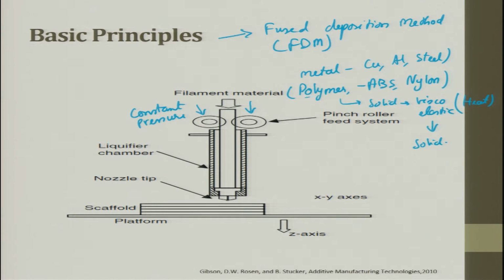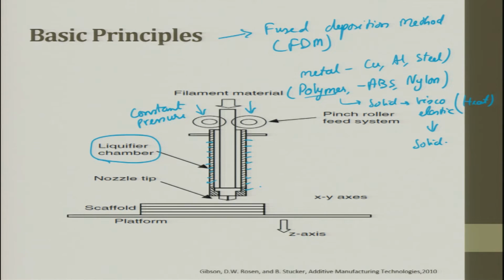And when we are talking about polymer, what we do is when the wire is passed through the nozzle, it is heated. So when it is heated, it goes to a viscoelastic state. So this is done in the liquefier chamber. So this is heating, completely heating will happen here.